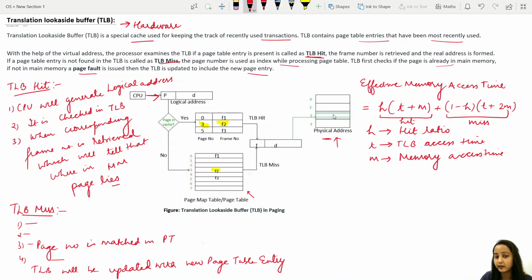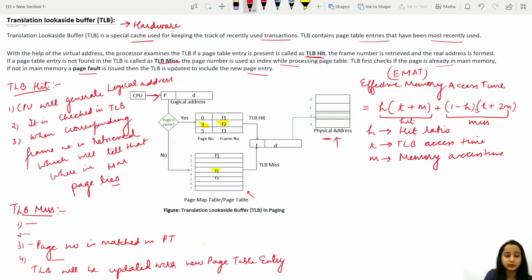There we access the page in a particular frame. So two times we are accessing the main memory, that's why 2M here. In short form we can write it as EMAT, effective memory access time, given by H(T plus M) plus (1 minus H)(T plus 2M). I hope this is clear to you.